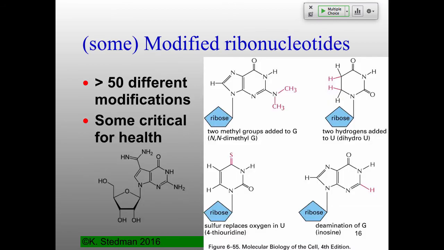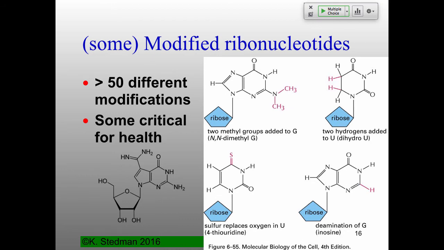So what are these modified nucleotides? My favorite one is actually down here. It's not in the textbook. It's called archaeosine. It's got this massive amine group hanging off at the end here. Again, this is something that Dr. Water-Royal works with in his lab. We've had some research grants to work on this.